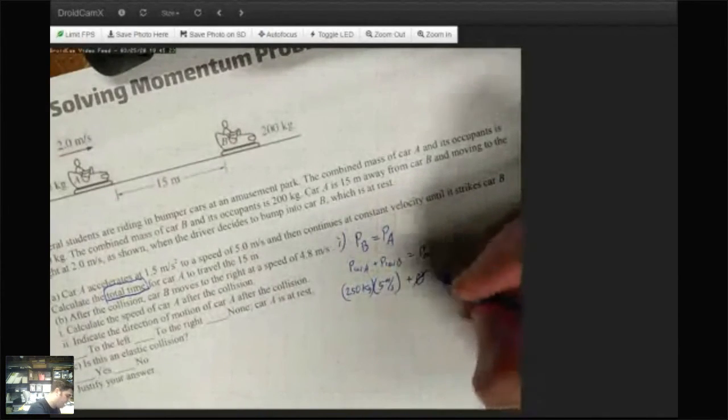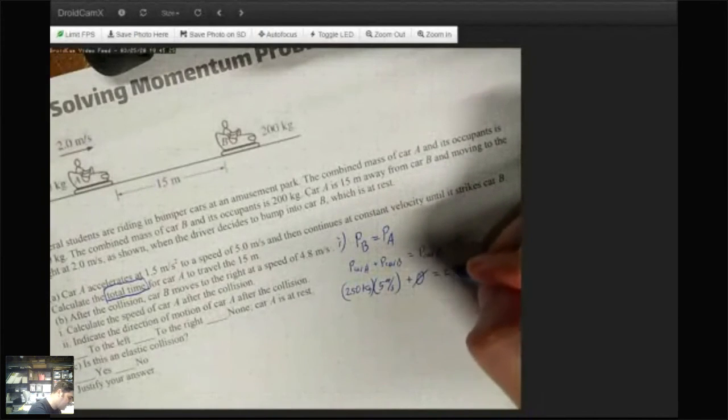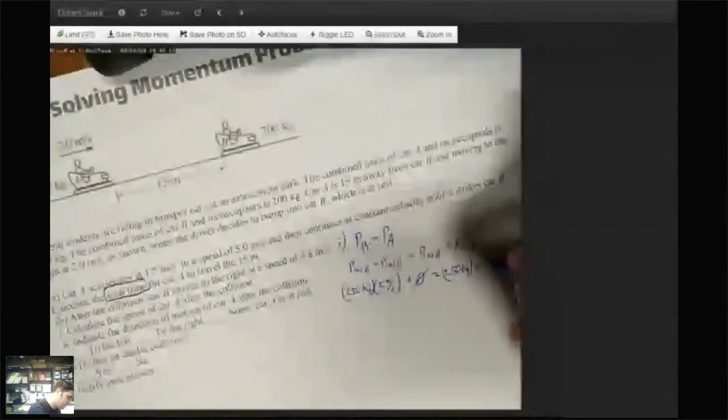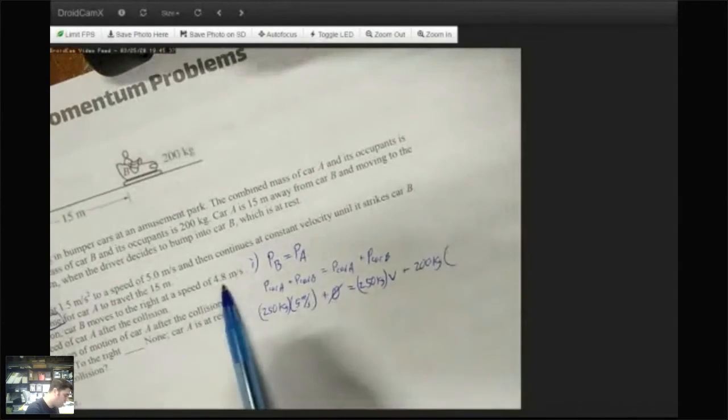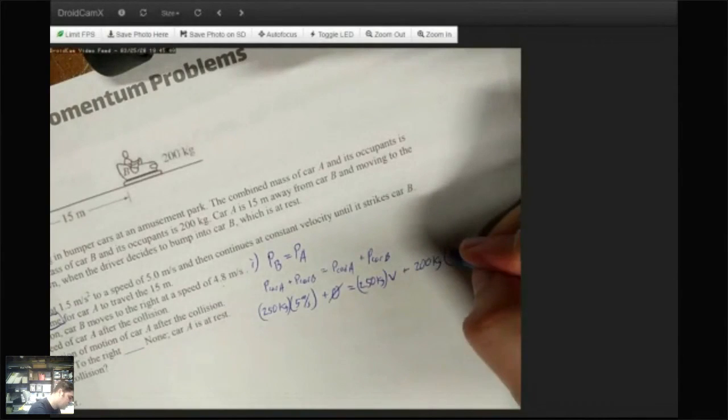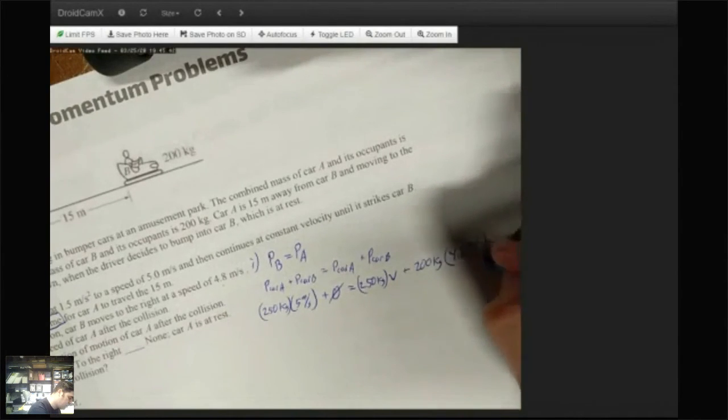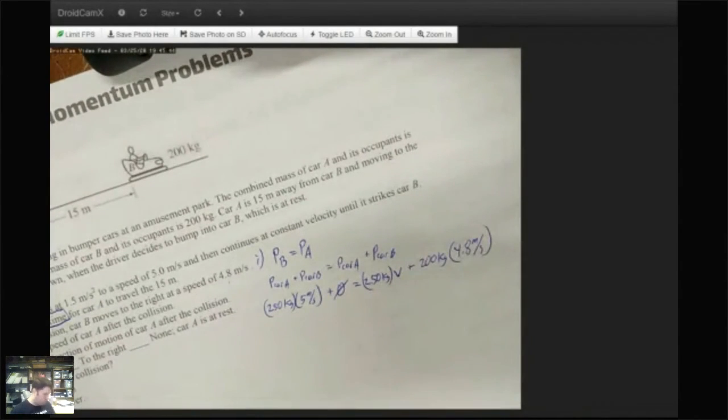Afterwards, we've got to figure out the velocity of car A, so that's 250 kilograms times V plus 200 kilograms, the mass of car B, times the speed of car B, which they tell us is 4.8 meters per second.